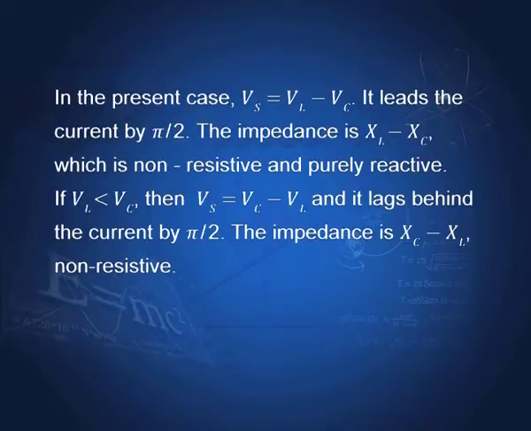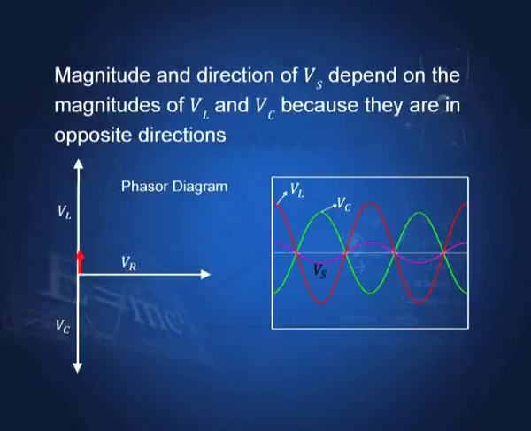It leads the current by pi by 2. The impedance is XL minus Xc, which is non-resistive and purely reactive. You see, this is I times Xc, this is I times XL, therefore, the impedance is XL minus Xc.